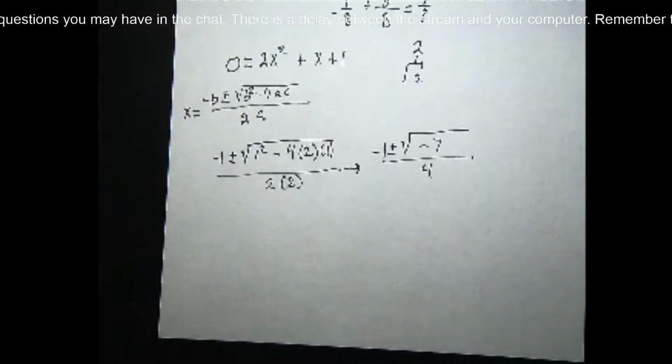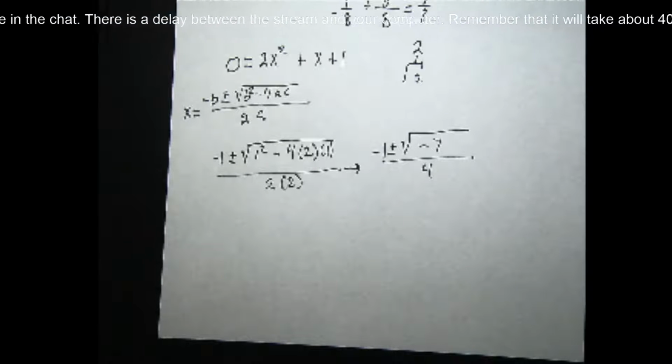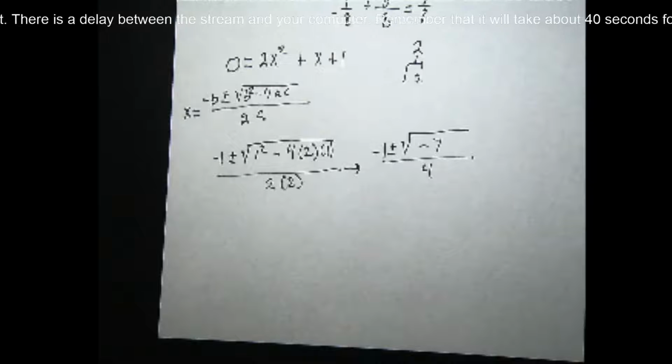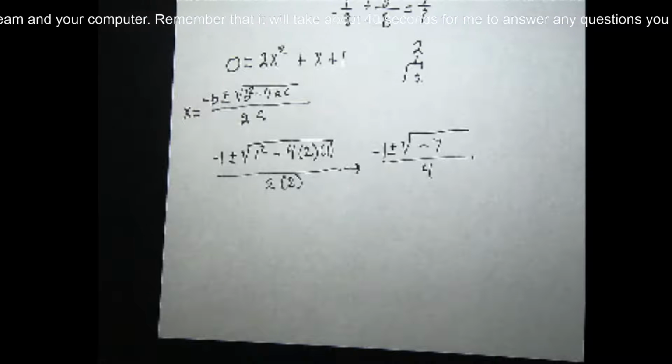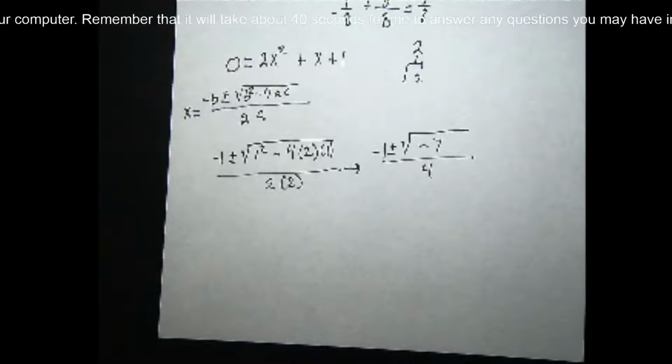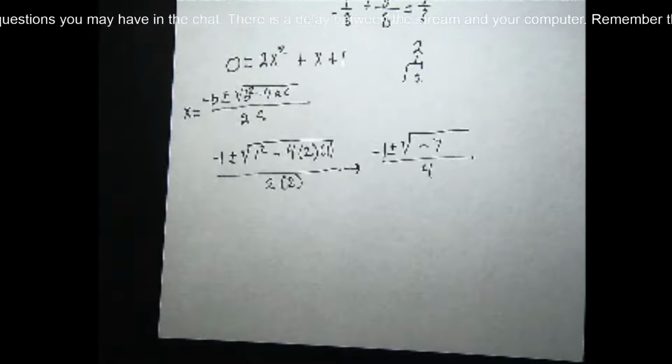Well, that means we have a bit of a problem, don't we? Because what's wrong with this square root? What is it about the square root that's going to give us something weird? The negative, yeah. We've got a negative underneath our square root, which means that we're going to have i somewhere in here. And what does that mean about our value for x? Well, it means that our value for x is non-real.